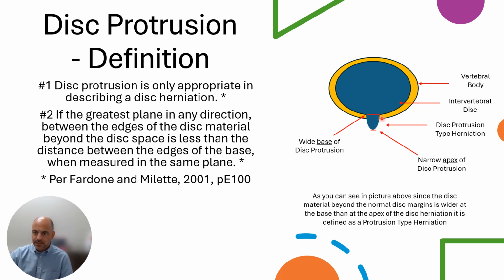As you can see, the base is wider than the apex. Therefore, by definition, this is a disc protrusion type herniation. If the apex was wider, almost like a mushroom, that would be called a disc extrusion. But in this case, the base of this disc herniation is wider than the apex. Therefore, this is a disc protrusion.